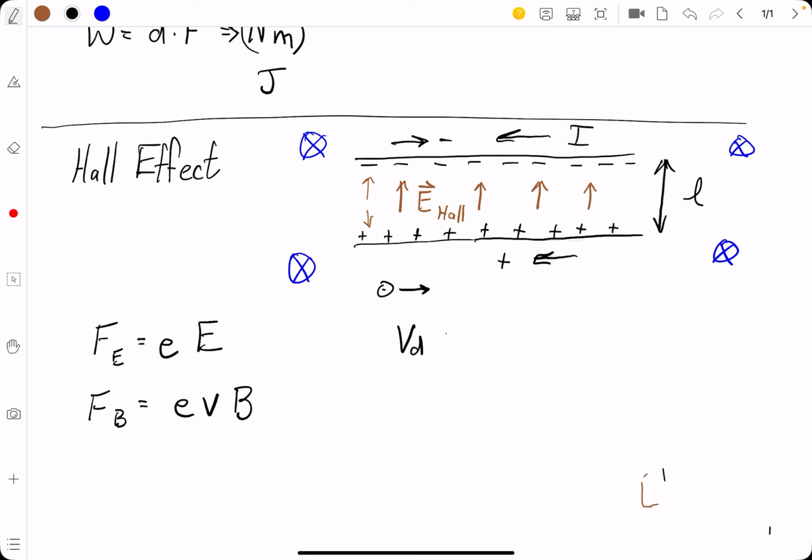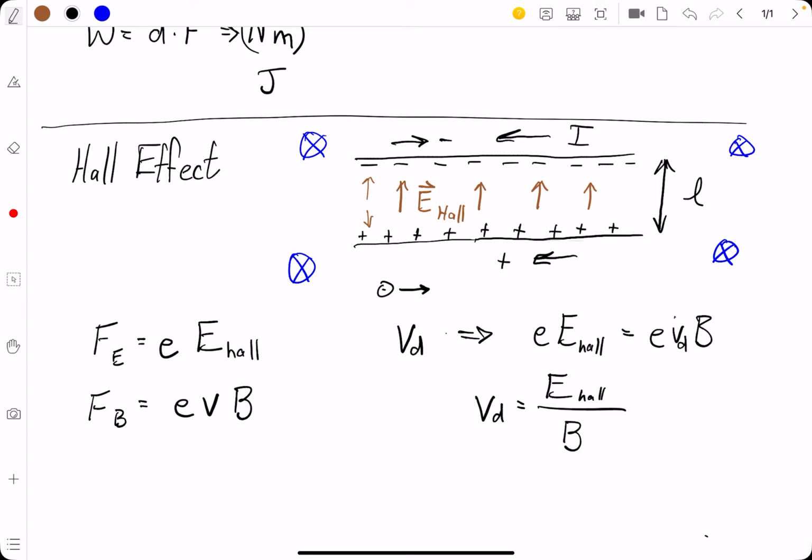It's our drift velocity. So we've got E Hall, I better put Hall here, and then E equals v B, but that's our drift velocity. So you can solve for the drift velocity, and then you end up with your E field, I'm going to put Hall here, over the B field.